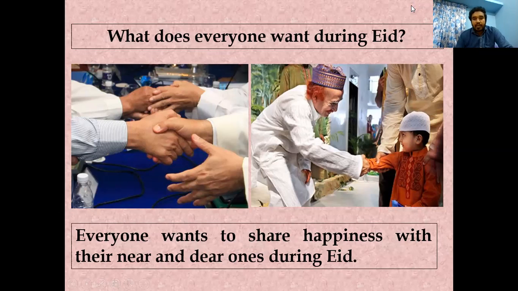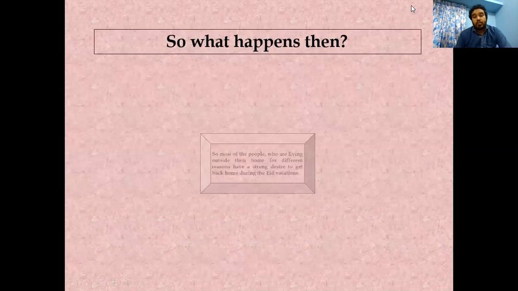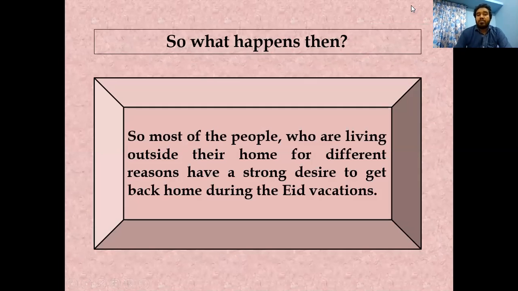I'm going to the next slide. So what happens then? Most of the people who are living outside their home for different reasons have a strong desire to get back home during the vacation. Many relatives of ours are staying outside our local area, from our village, from our district, because of their working place.